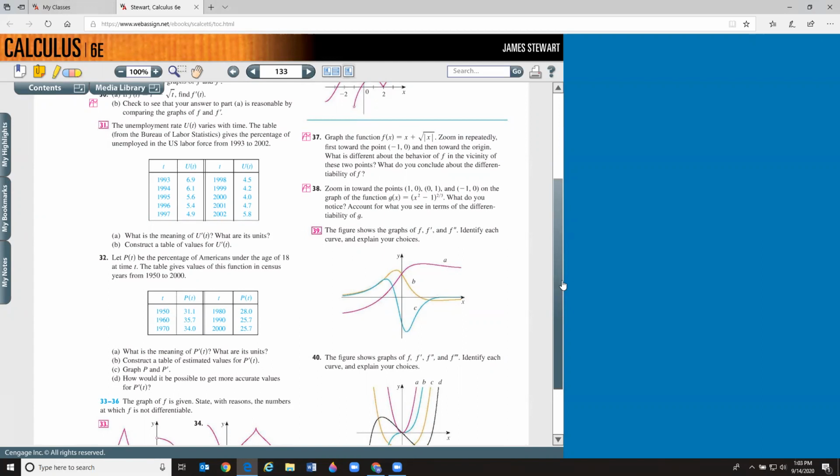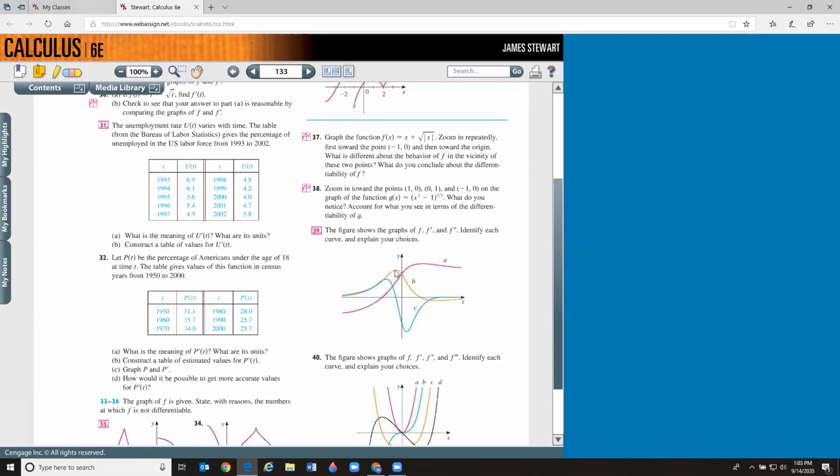All right. If you're trying to figure out what a function tells about its derivative, graphically speaking, first of all, we know that whenever a function goes from increasing to decreasing, it has to pass through zero. So if we look, for example, on number 39 at graph B, notice the graph B went from increasing to decreasing over here, just left of the y-axis, just left of the origin.